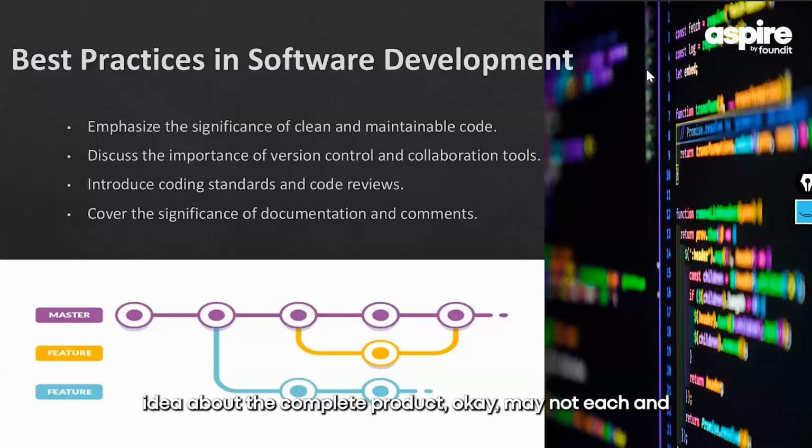Maybe not each and every feature, but at least some overview of what each feature does, how it was created using which tech stack, what the difficulties were, what the feature does and why it is helpful. At least some basic idea of each and every feature and part of the software is required.